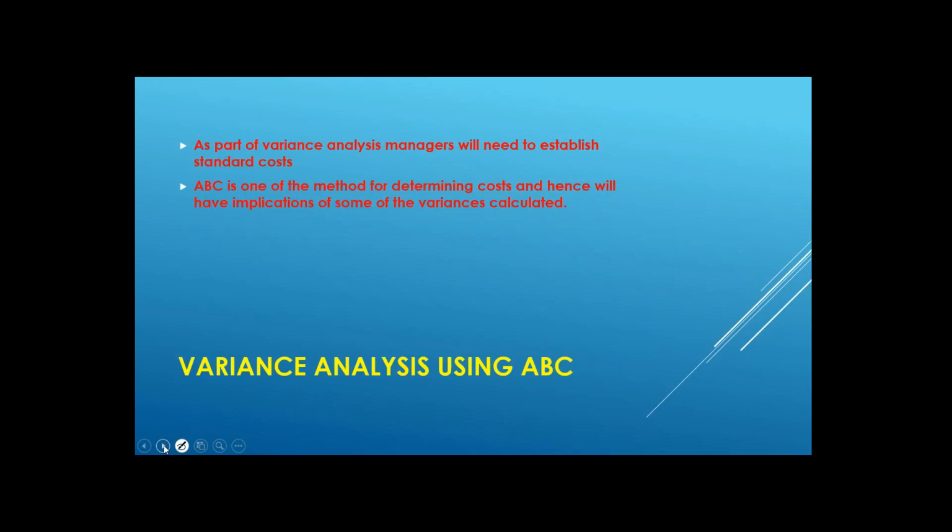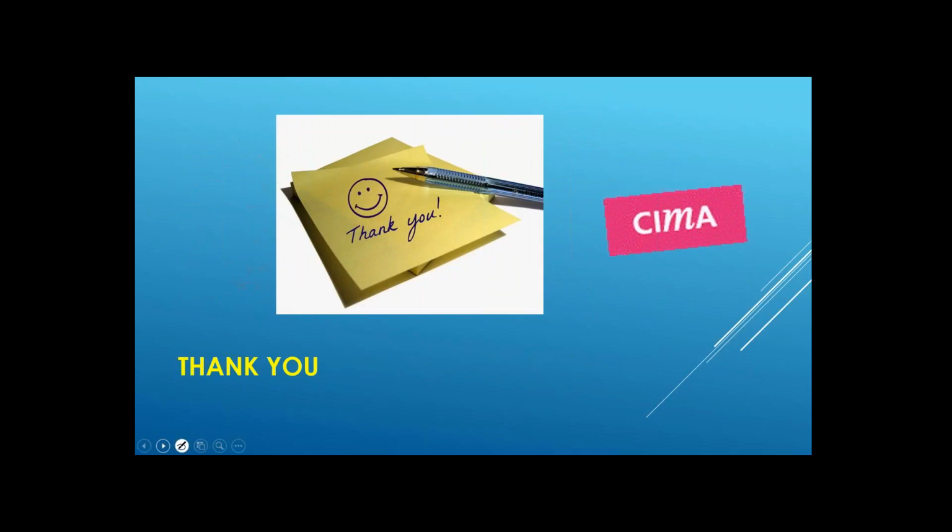Therefore you will have more detailed variances, and it is going to have a big impact. So that finishes our standard costing, the basic variances.